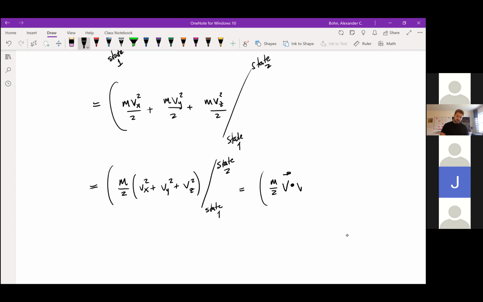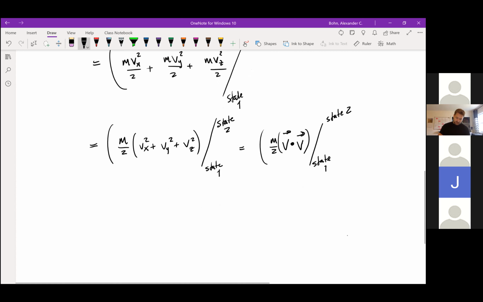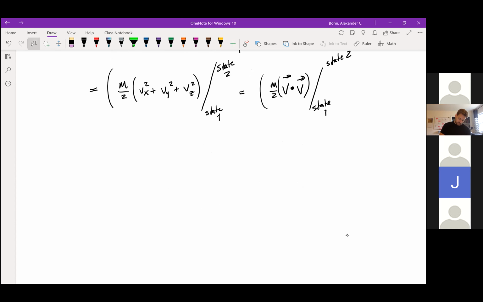It's what we would get if we did that, from state 1 to state 2. So now I can happily, let's assume that the mass of this thing hasn't changed, so we need to figure out what it is in state 2 versus what it was in state 1.